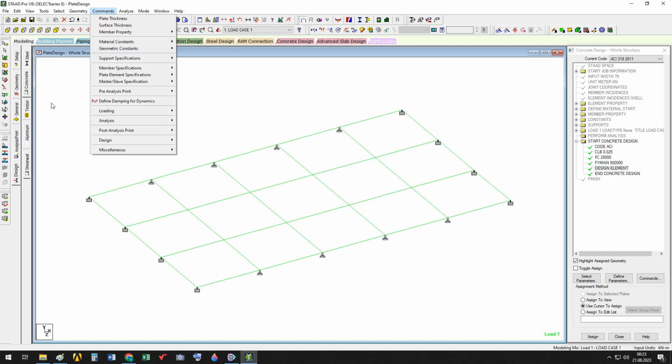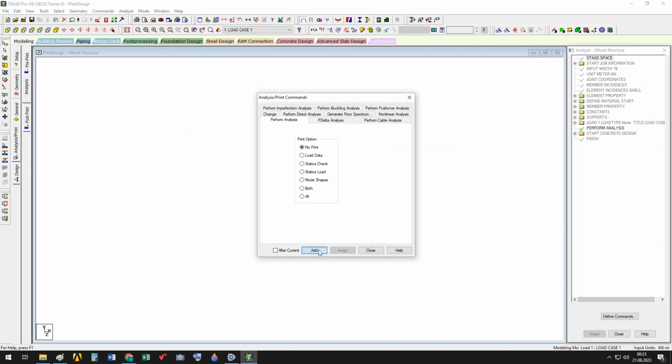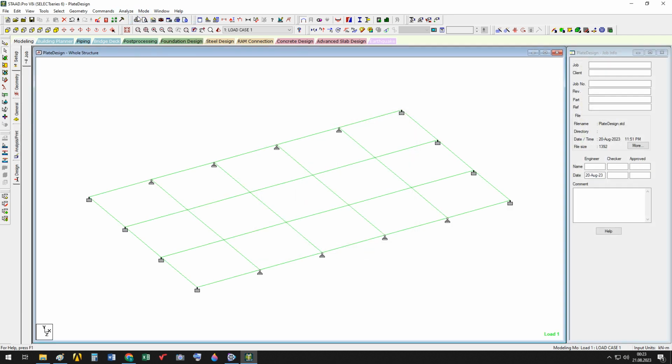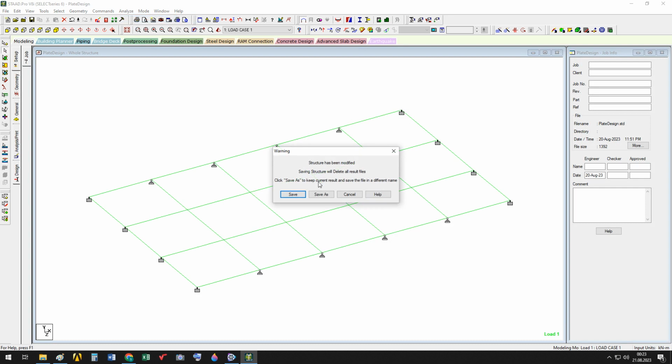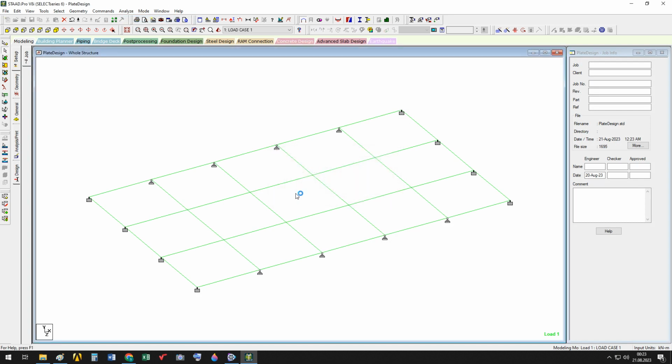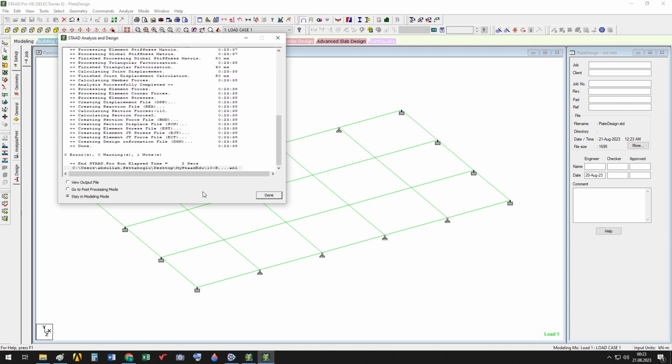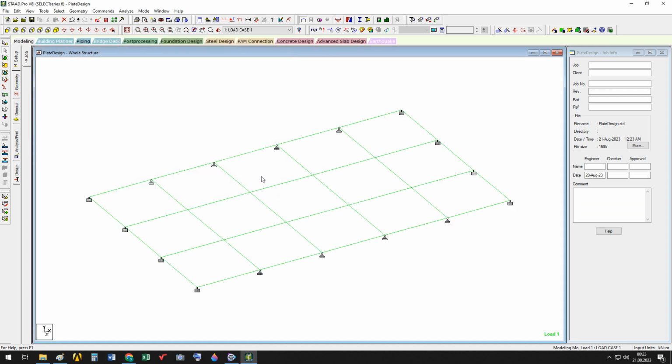Okay, let's make analysis. You can make analysis from here. Make linear analysis. Analyze, run analysis. View output file. We can view output file now, but I will view it later. Geometry.